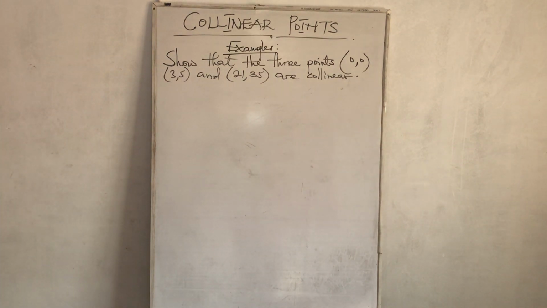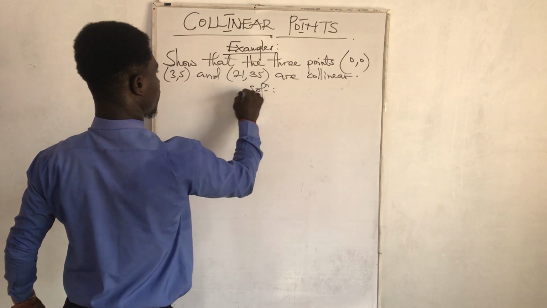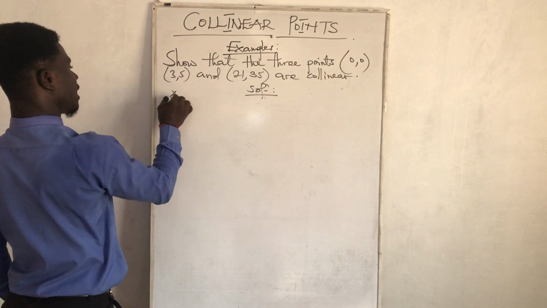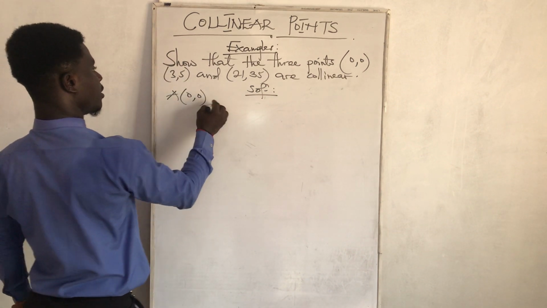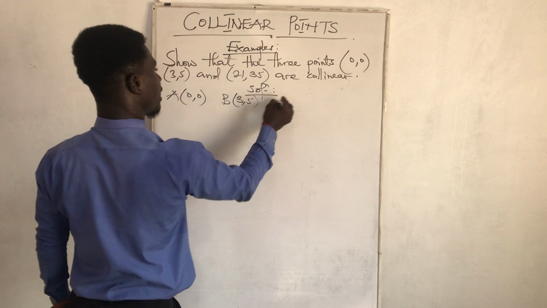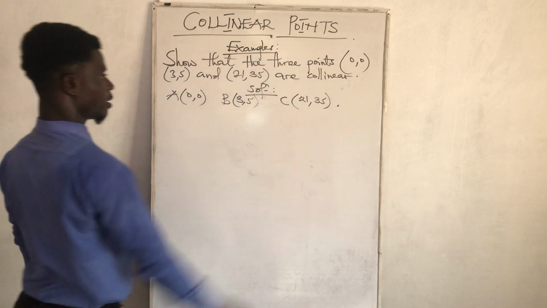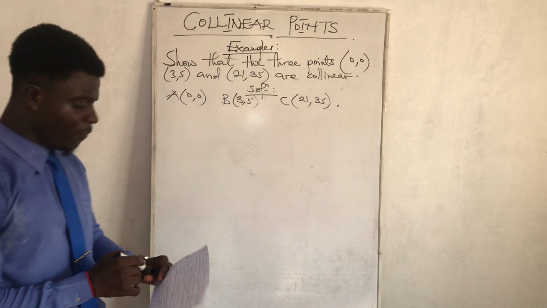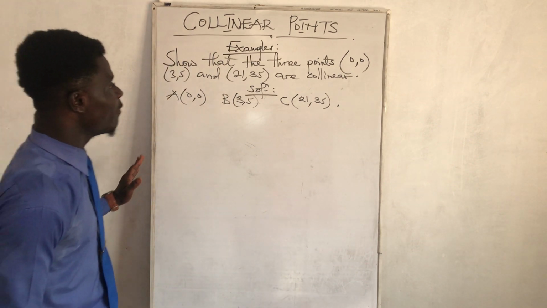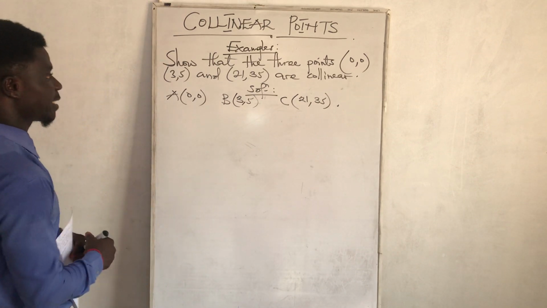So let's label the points. We start with the solution. We can give this one point A, which is (0, 0). That's the origin. Then we can give (3, 5) point B, then we can give this point C. If the points are collinear, it means they must have the same gradient and lie on the same straight line.